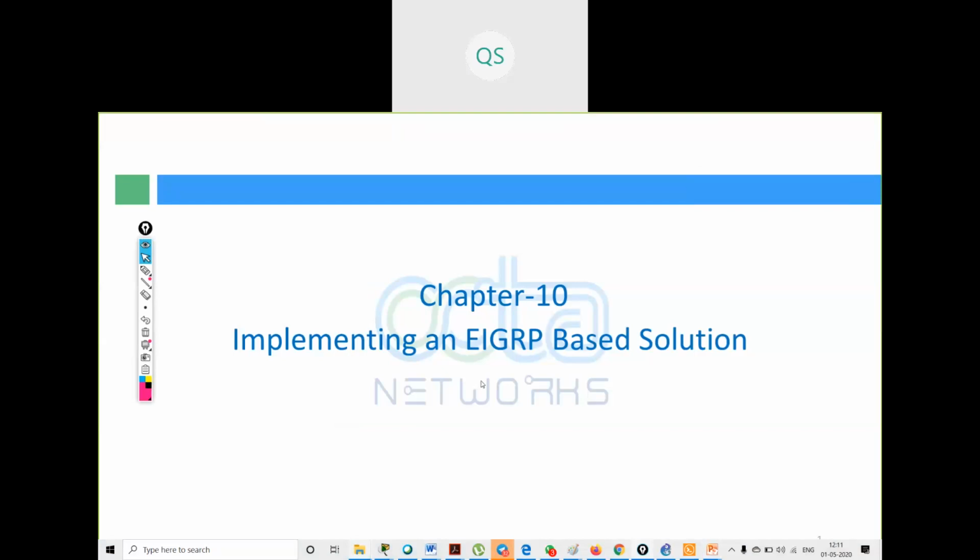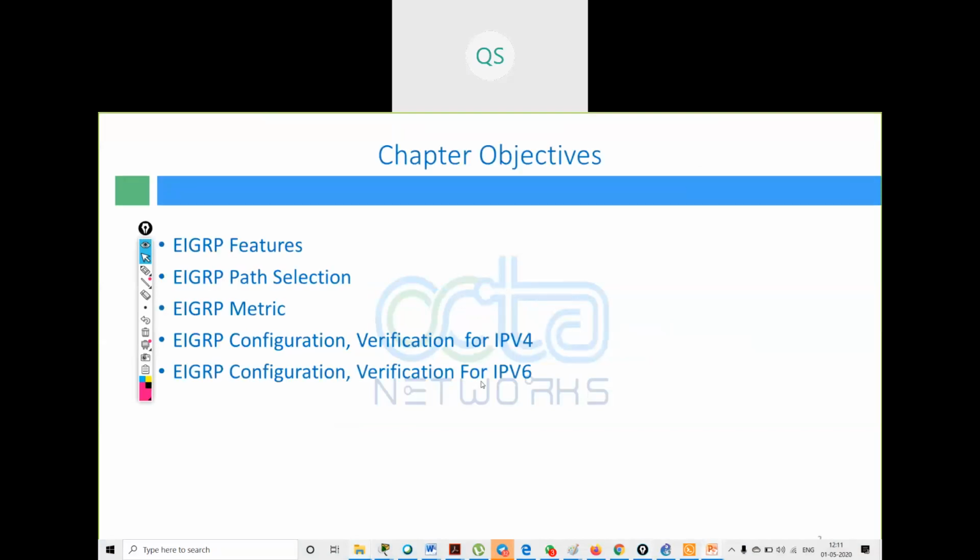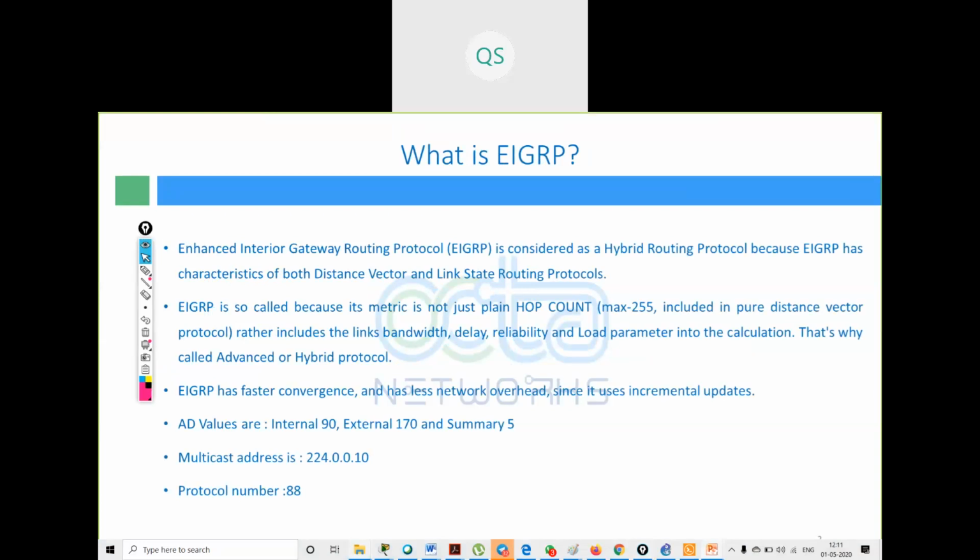Okay, implementing EIGRP based solutions. Features, path selection. See, these are the points. The full form of EIGRP is Enhanced Interior Gateway Routing Protocol. It is a hybrid routing protocol. Why is it known as hybrid? It has characteristics of both distance vector as well as link state routing protocols.